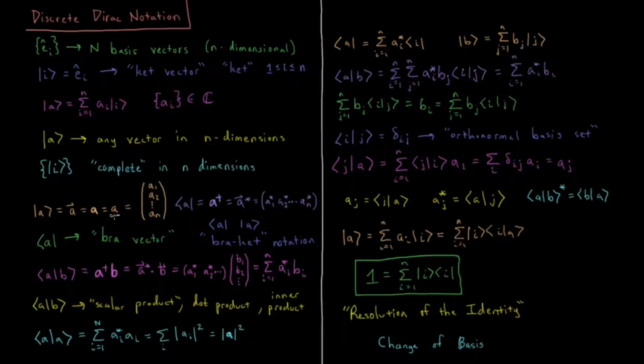But we can also do this that we have here, where we have the pointy bracket on the left, then the vector, then a vertical line. This is the adjoint of that vector, which is the complex conjugate of that vector, and it is a row vector where all of the elements have been taken to their complex conjugate.